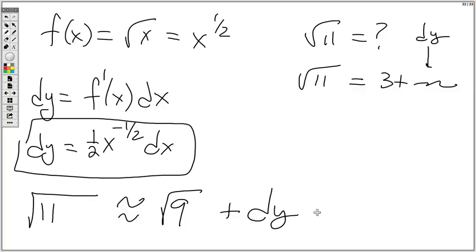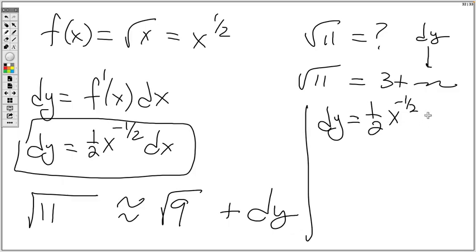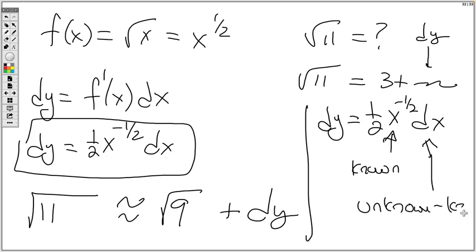So it's going to be the square root of 9, 3, plus something. So let's figure out what that differential is. We have an expression for the differential right here. So what I need to plug in for x, I want to plug in the known value. And then for the dx, that's going to be the unknown minus the known, because that's how far away I am from the known value. You follow?